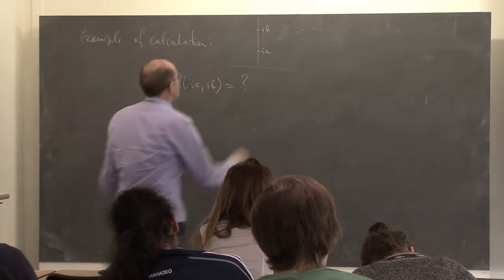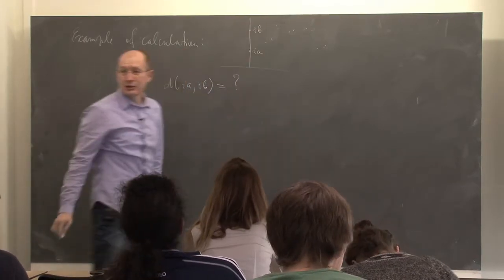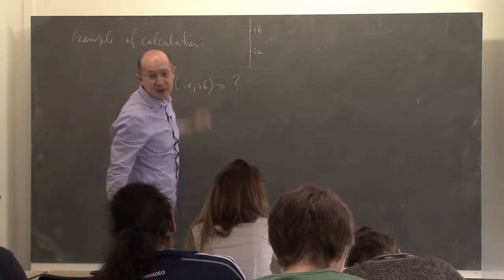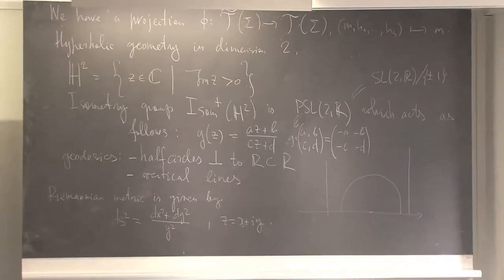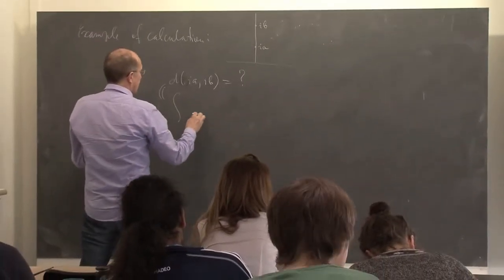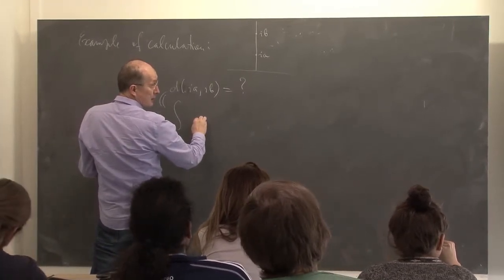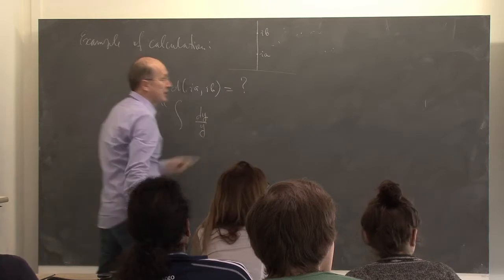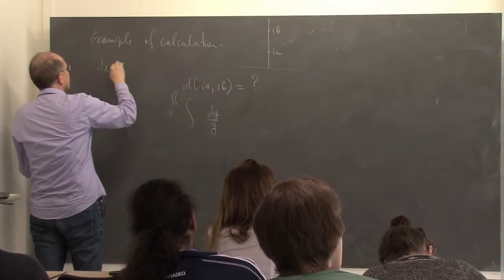If we accept that the vertical line is a geodesic which passes through these 2 points, then we should use this tensor to calculate the length. So this distance is equal to the integral of dy over y, since dx equals 0.